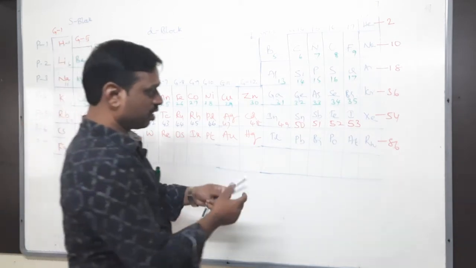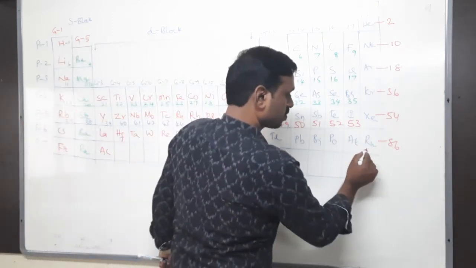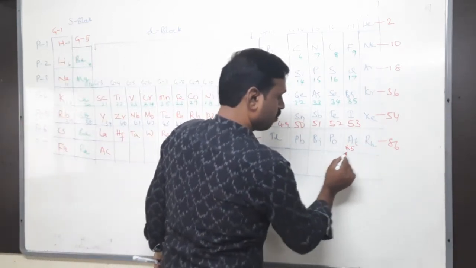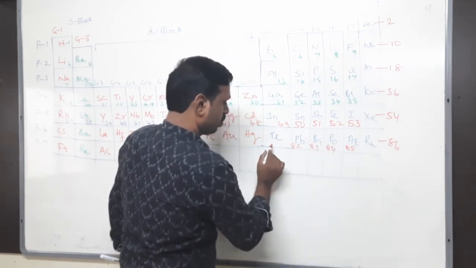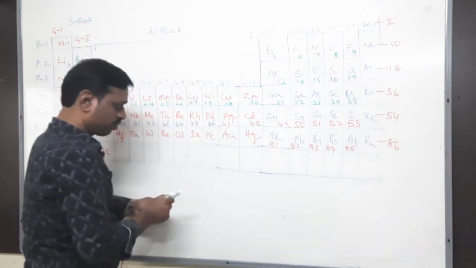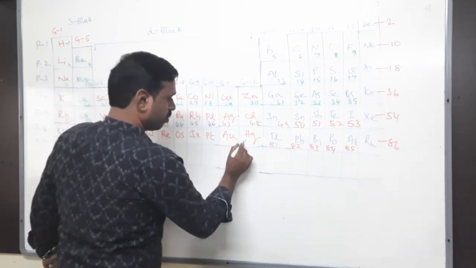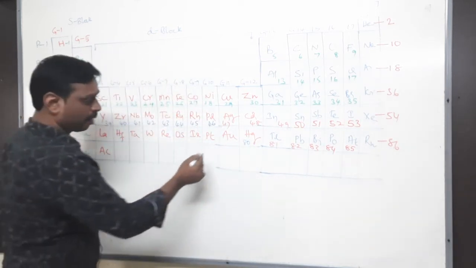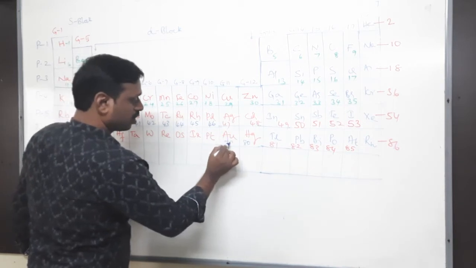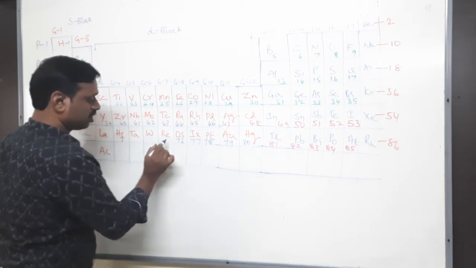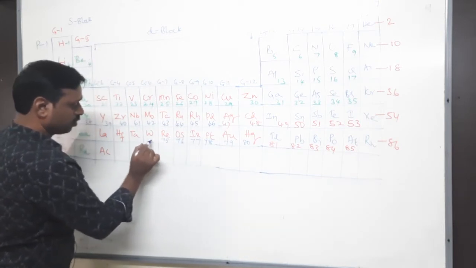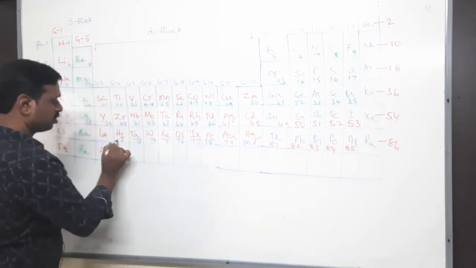Next, here radon is 86, tell me this is 85, 84, 83, 82, 81, 80, mercury 80, 79, 78, 77, 76, 75, 74, 73, 72.